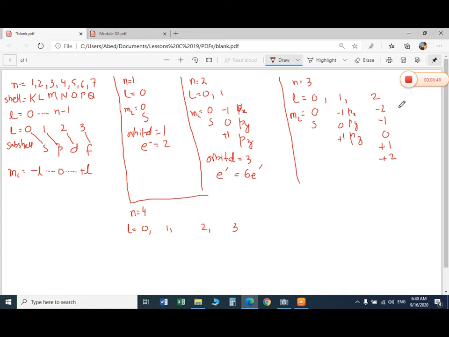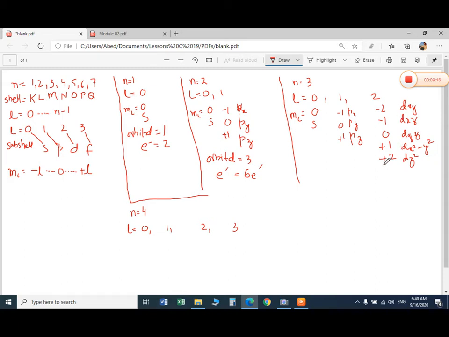Let me write the names for them, but you do not need to remember them: dxy, dxz, dyz, dx square minus y square and dz square. These donut shapes are the 5 d orbitals.